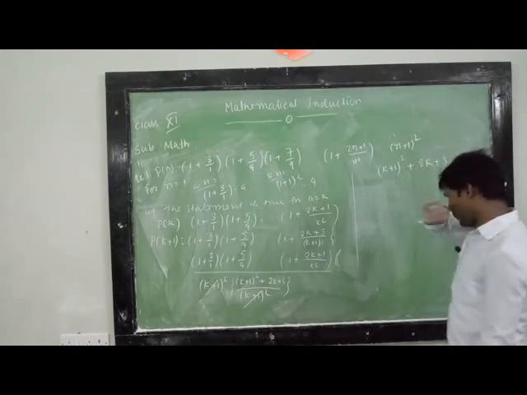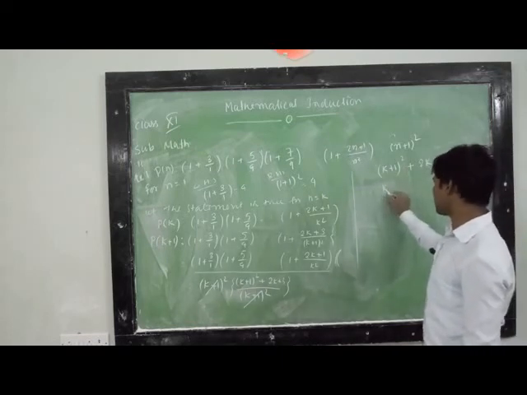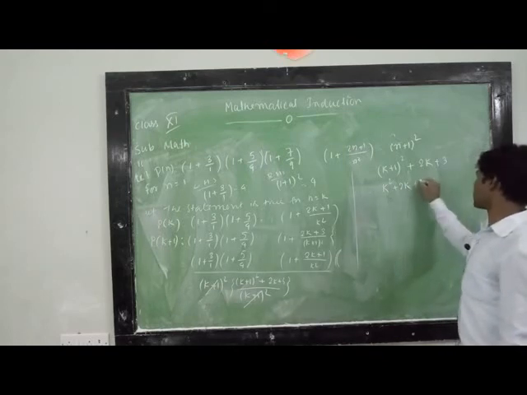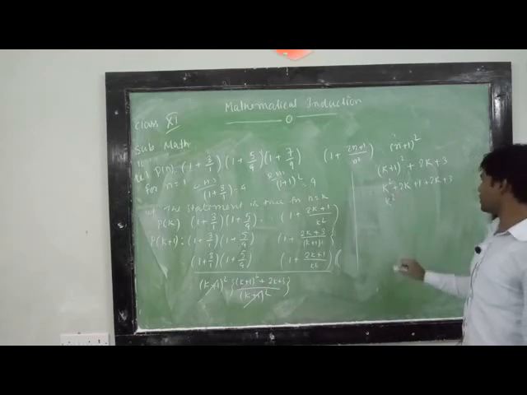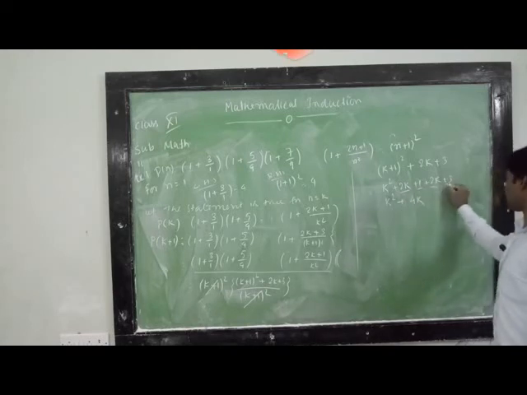That means if I expand this expression with the formula (a+b)², it will be k² + 2k + 1 + 2k + 3. That means k², and this 2k and this 2k together give 4k, and 1 plus 3 gives 4.